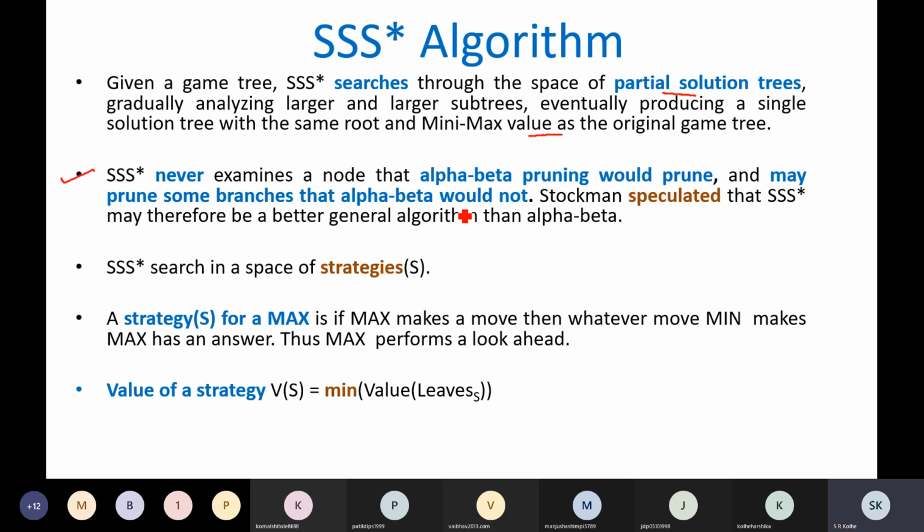Along with that, in this SSS star algorithm, it is possible to prune more branches by using some heuristic information. We will see while discussing the algorithm what kind of heuristic information it will use. What Stockman said at that time is that SSS star is a better version of the alpha beta cutoff algorithm.